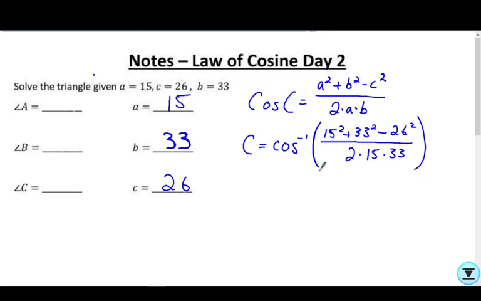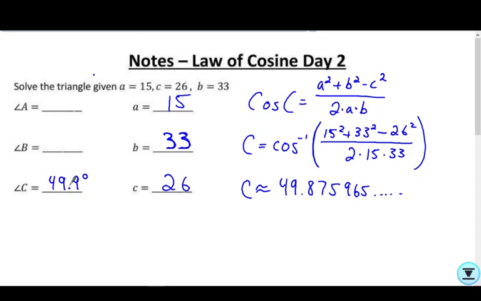You're going to get angle C, which is approximately 49.875965, etc. That's our angle C. Rounding to the nearest tenth, that's 49.9 degrees.